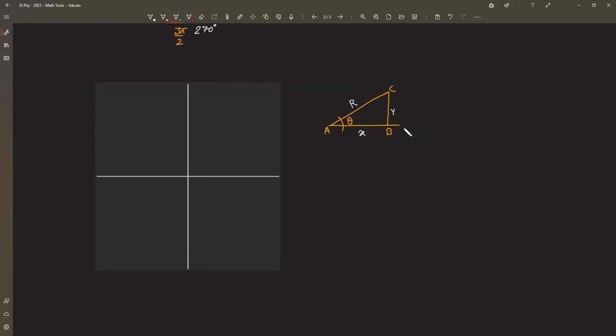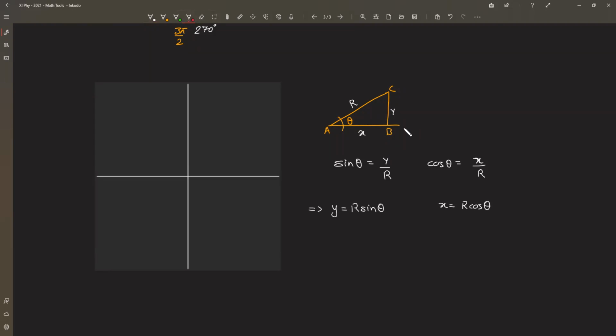In terms of sine and cos, we already know that sine theta is equal to opposite, that is Y, divided by hypotenuse, that is R. Similarly, cos theta is the adjacent, that is X, divided by hypotenuse, that is R in this case. So from this, can I say that Y is equal to R sine theta and X is equal to R cos theta?